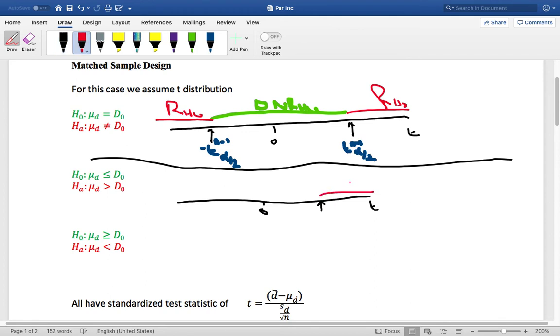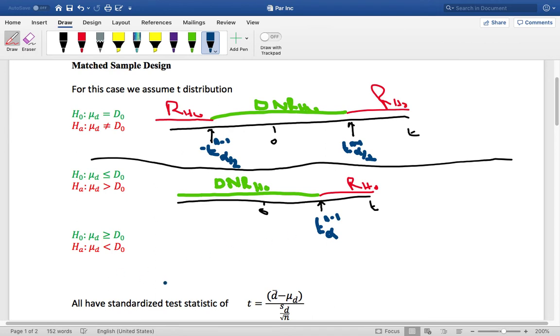So reject H0, and in green, do not reject H0 over here. So consistent, isn't it, what we're doing? And the critical value is going to be t of alpha. It's only one tail, so it's just t of alpha with n minus 1 degrees of freedom.